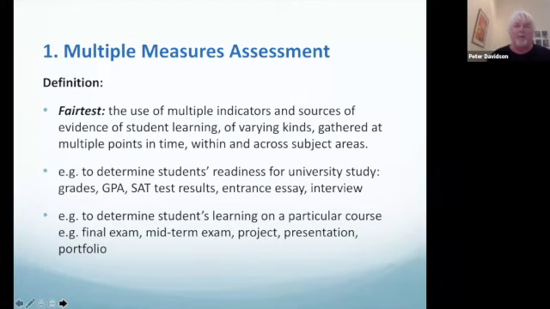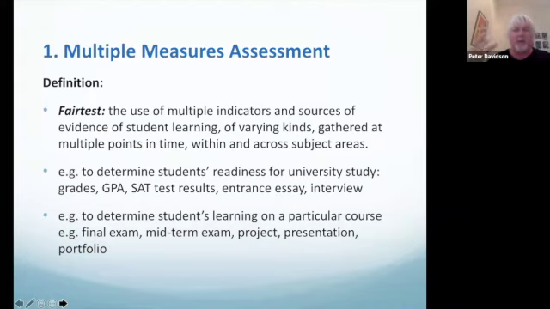So let's start off with multiple measures assessment. Now, this is not something that is new, but it is something that people have been aware of for quite a long time. But I think it's something that needs reinforcing these days. The definition of multiple measures assessment is the use of multiple indicators and sources of evidence of students' learning of varying kinds, gathered at multiple points in time within and across subject areas.